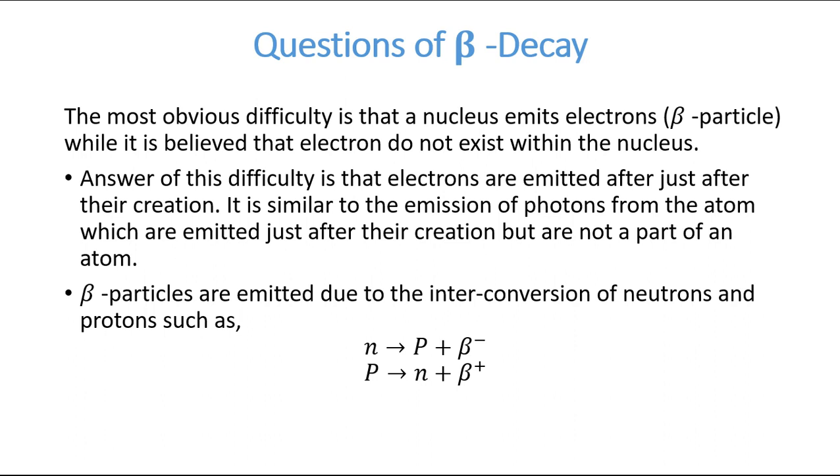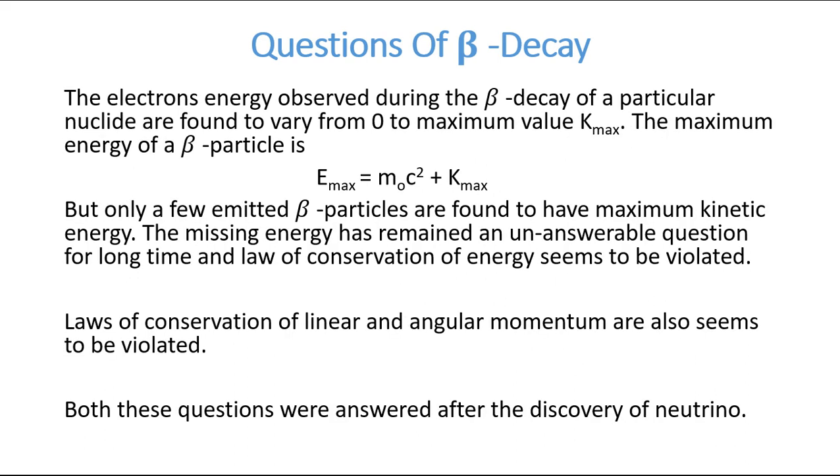The most difficult question was where the electron comes from if it does not exist within the nucleus. The answer is that the electrons are emitted right after their creation. They were not present within the parent nucleus; they are created from energy according to Einstein's relation.